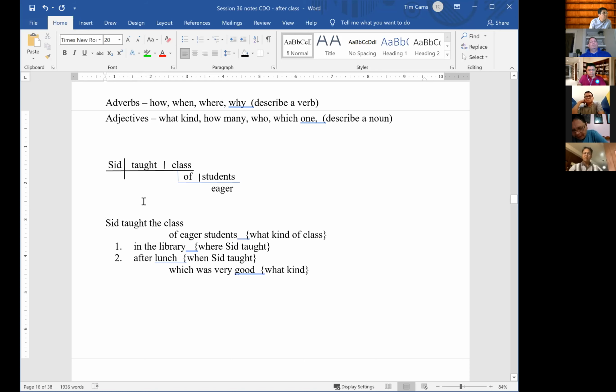Sid taught the class. That would be your main point. And two subpoints are where he taught it and when he taught it. Now, eager students simply describes the class, and which was very good simply describes the lunch. But the focus is the action. Sid taught, and I'll have two points today, brothers. First, let's talk about where Sid taught. And then secondly, let's talk about when.